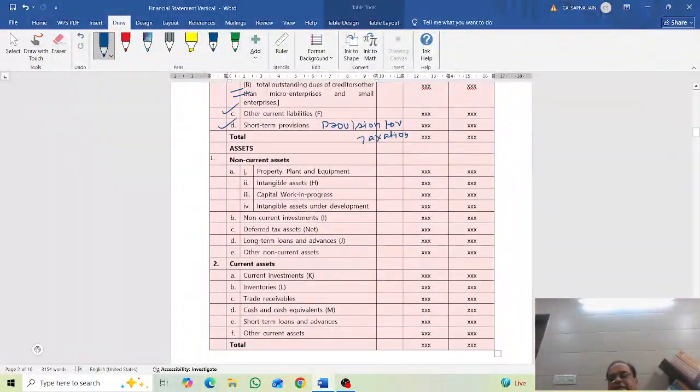Now go to the asset side. Under the asset side, there are 2 major components, 2 major parts. Number first is the non-current assets, or number second is the current assets. Under the liability side, how many major heads? 4 major heads.